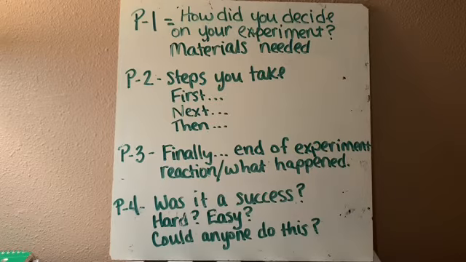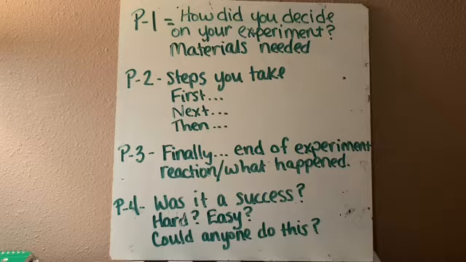Okay, so how did you do this science experiment? And if you look at what the video is staring at right now, on my board I have outlined a paper for you. You don't have to use this exact outline, but this gives you a place to start.